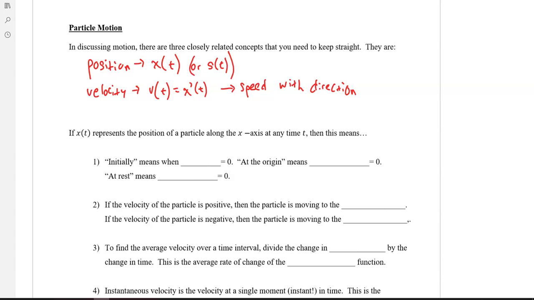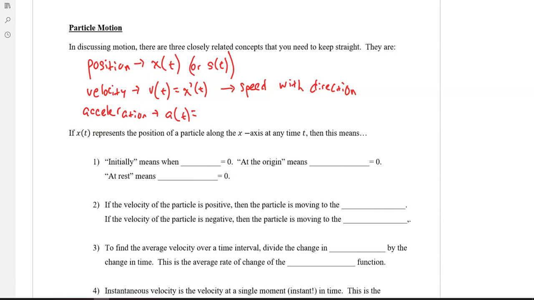And then acceleration. The velocity is how the position is changing, and the acceleration is how the velocity is changing. We describe the acceleration typically as a of t, and t is our independent variable because we're talking with respect to time, of course. So what can we do to the velocity to find the acceleration?